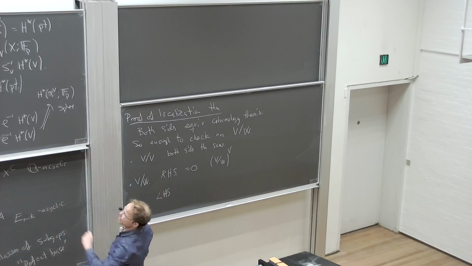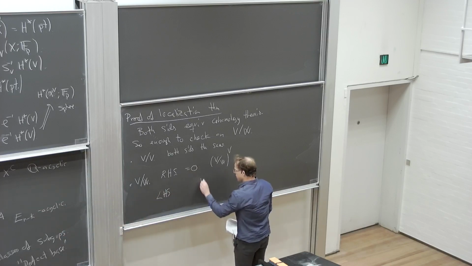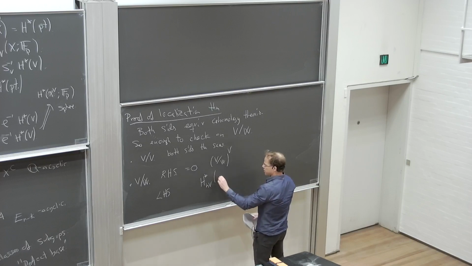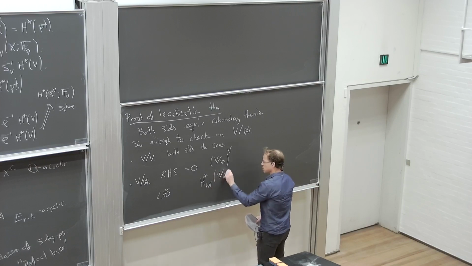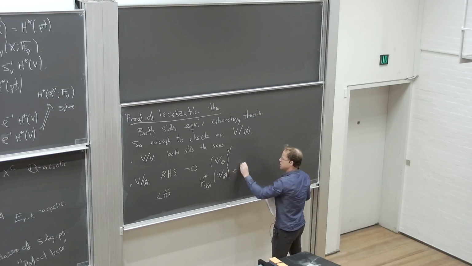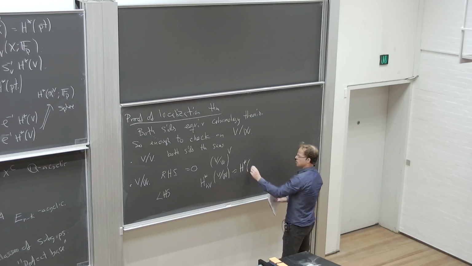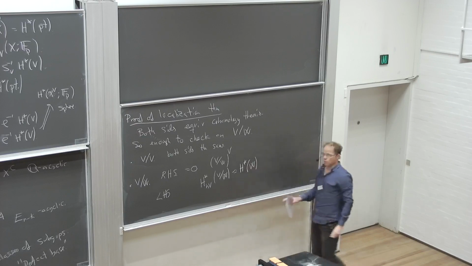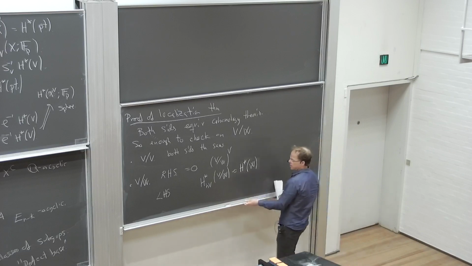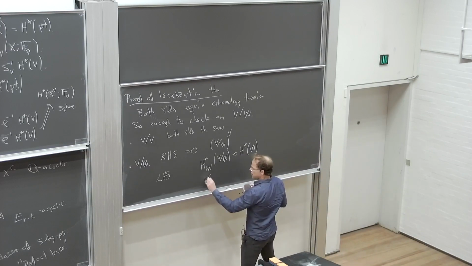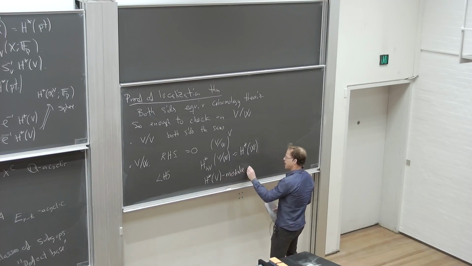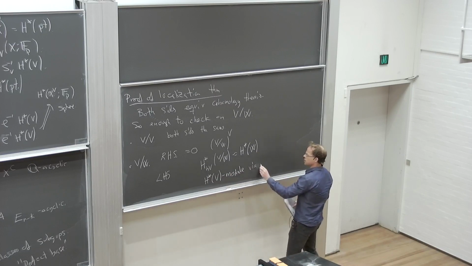So the left-hand side, now we're taking the equivariant cohomology of V modulo W here. But what is this equal to? This is equal to just the cohomology of W, and it has an H star V module structure via restriction.